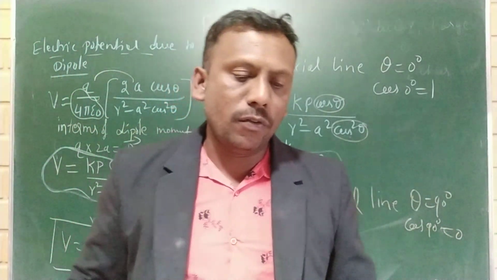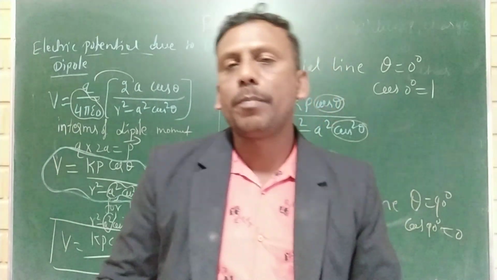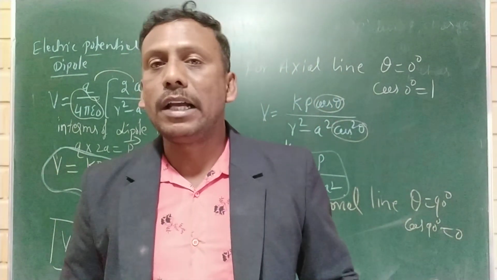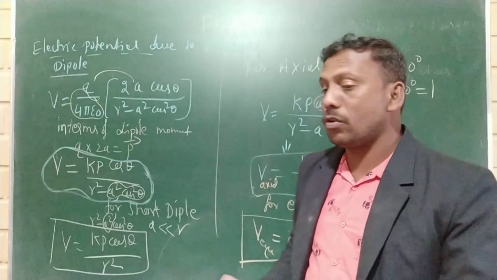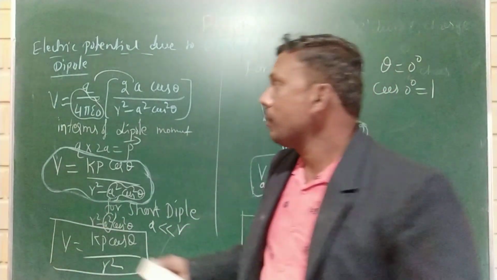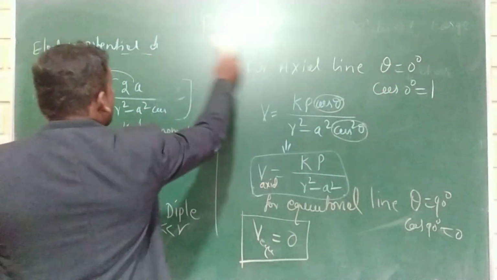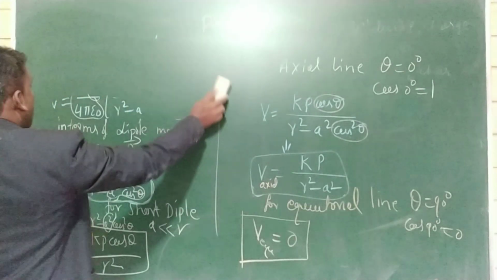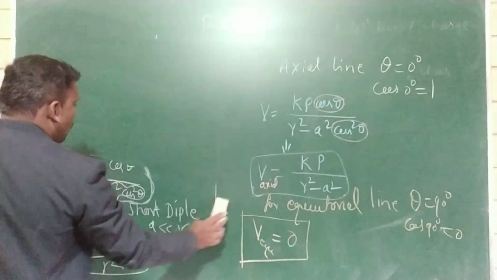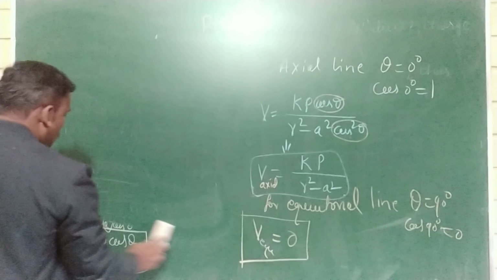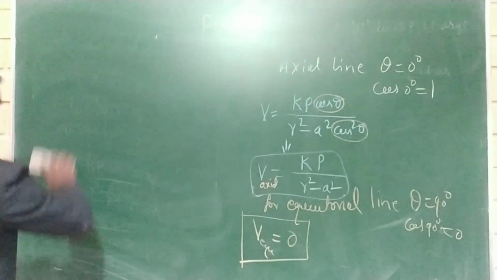Next is the variation of V for a point charge and a dipole. This is a very important question for the annual examination. Write the graph for variation of electrostatic potential with a point charge and a dipole.